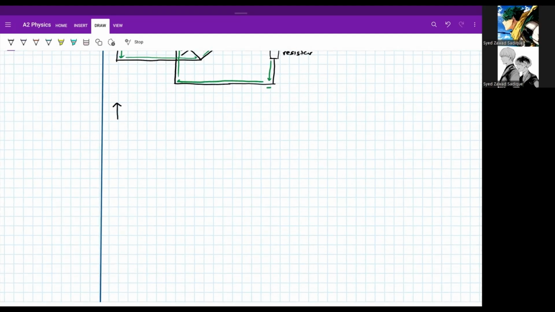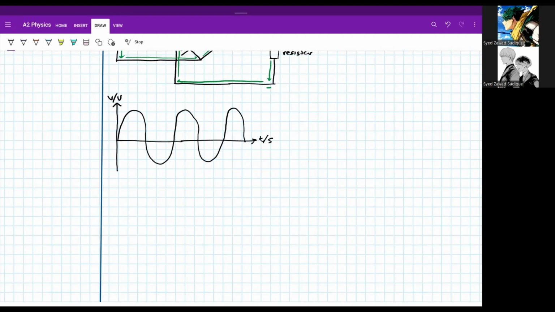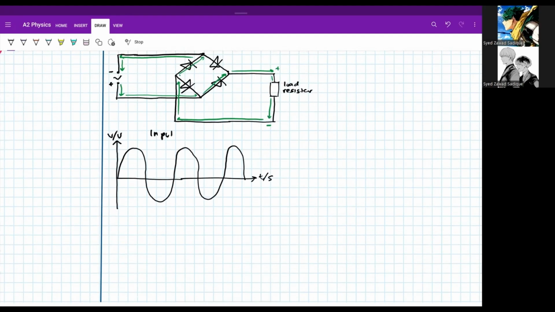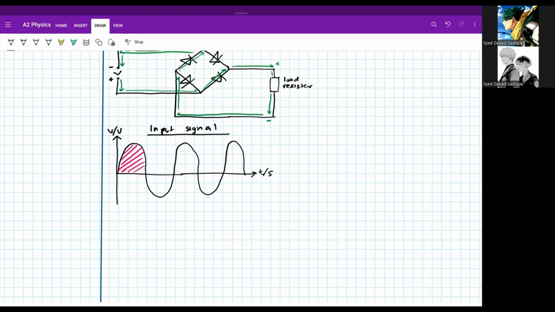The input signal looks like a normal sinusoidal graph, like this. This is the input signal, where the positive half cycle is this side and the negative half cycle is this side.